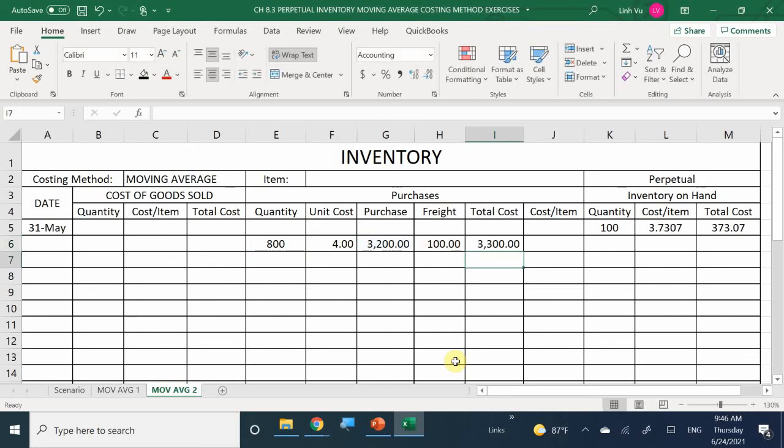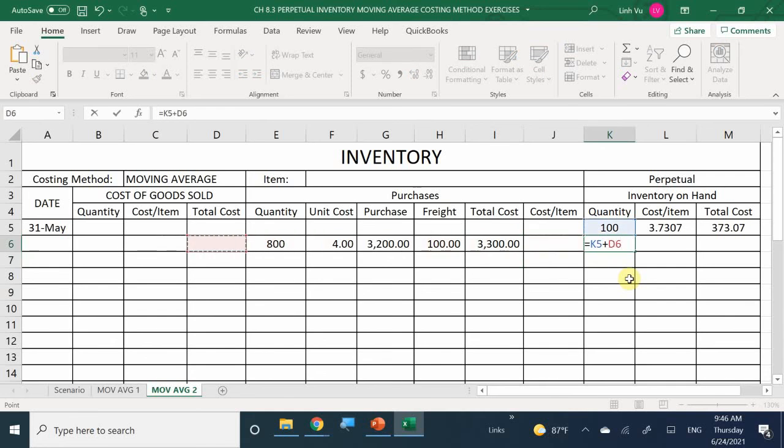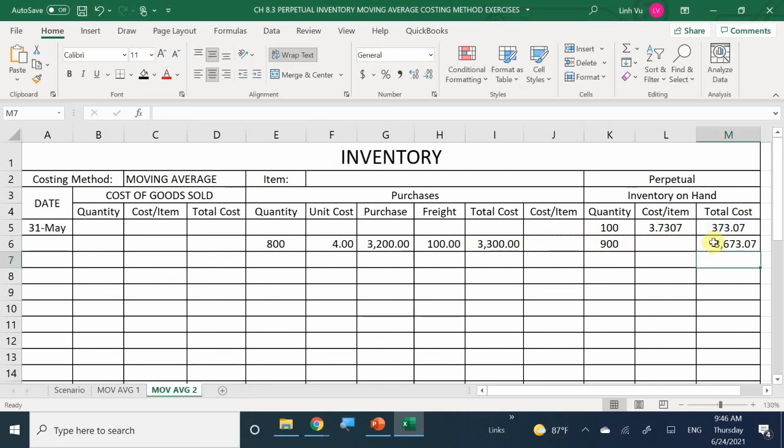And now since we have new inventory, we're going to update our inventory. So if we started out with 100 and we purchased 800, my total quantity here is 900. What's my total cost? I got 3673.07.